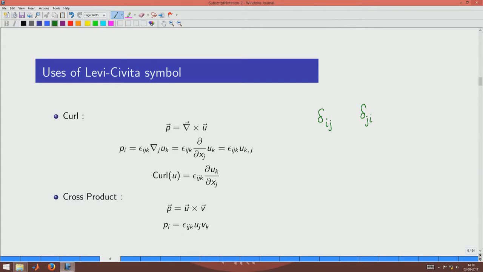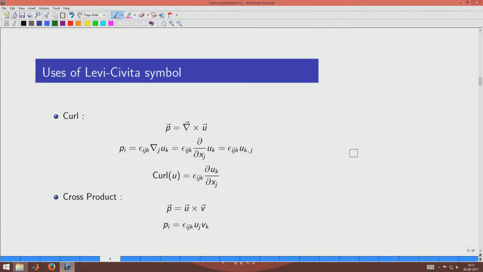For a given set of numbers for i and j, they both will have the same value. In other words, this is symmetric over the indices i and j, whereas when we write epsilon i, j, k, the sequence of these three must be very important. So, we will illustrate how we are going to use this in our derivation as follows.